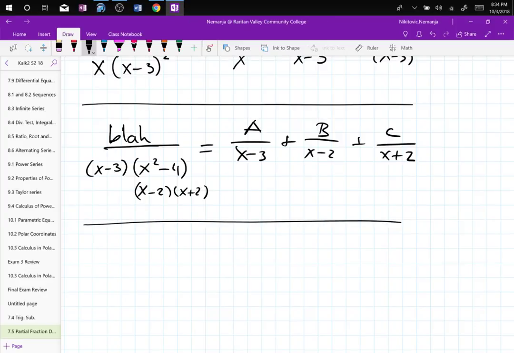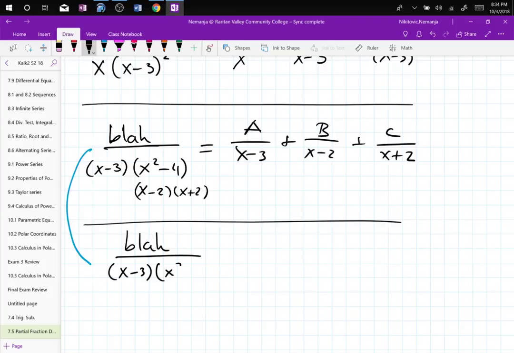Now, I will link these two problems, blah over x minus 3, x squared plus 4. Now, x squared plus 4 you cannot factor over real numbers. And if you cannot factor that over real numbers, well, then you have to use the quadratic one.